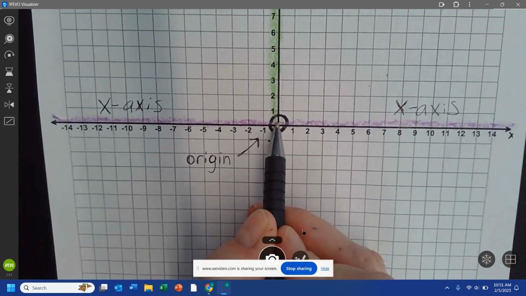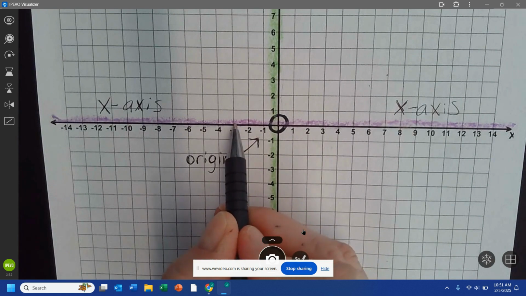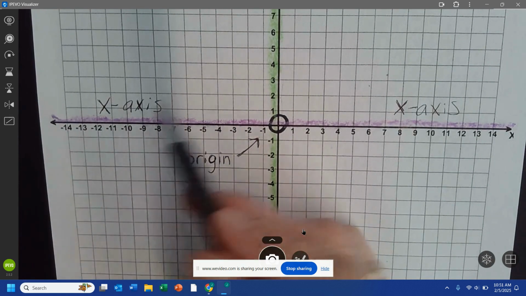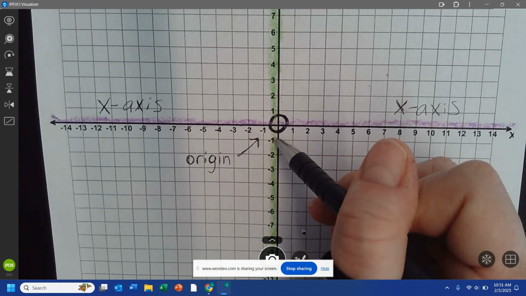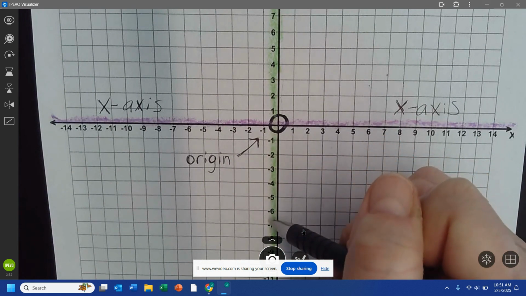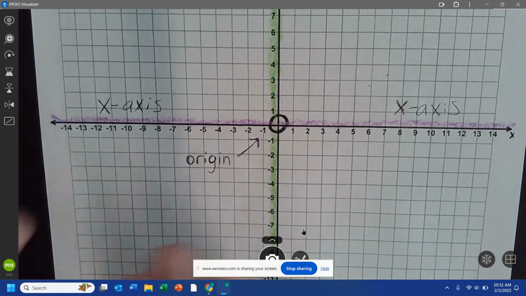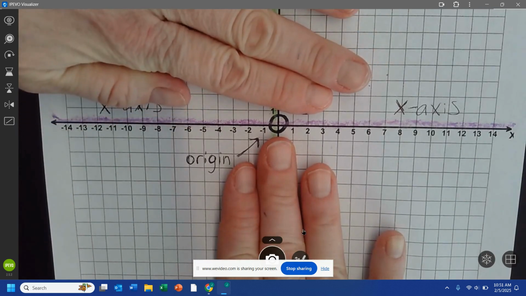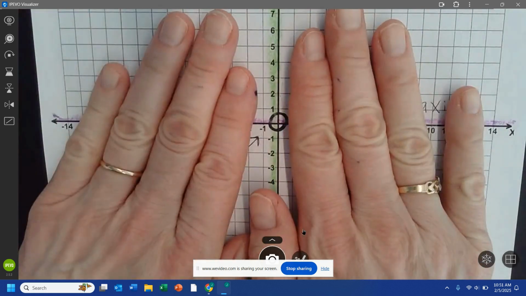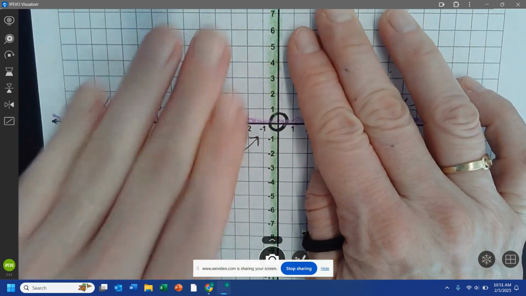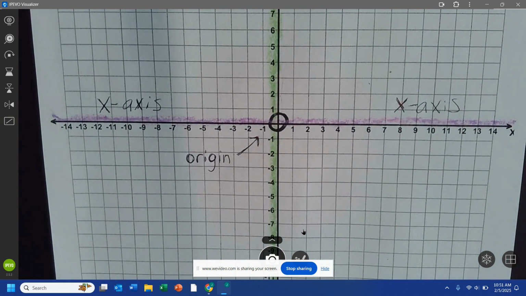If I move to the left, this is new for us this year, right? This is where the negative numbers are. And then if I move down, this is the other part that's new for us, all negative numbers. So we're putting together 2 number lines we've been spending time working on already. The regular number line that we started with, and then our elevation number line. We're putting them together here and making a coordinate plane.